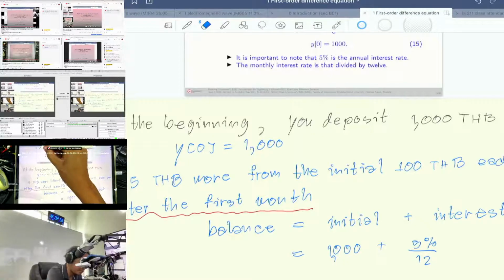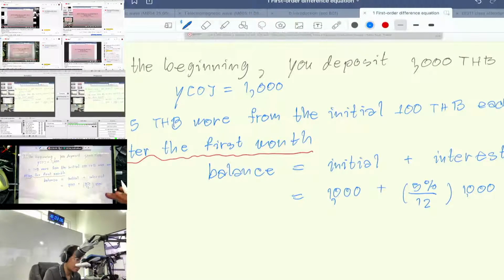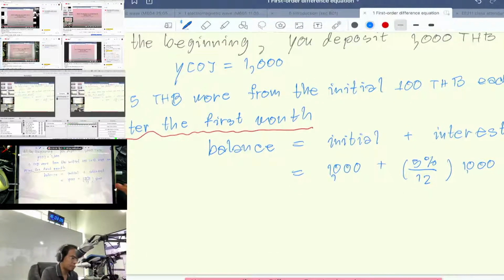It's gonna be the multiplication to the initial amount, right, which is 1,000 because we deposit at the beginning at 1,000, right? So this one can be arranged as, what is that?